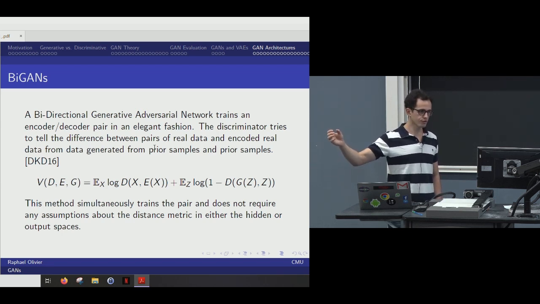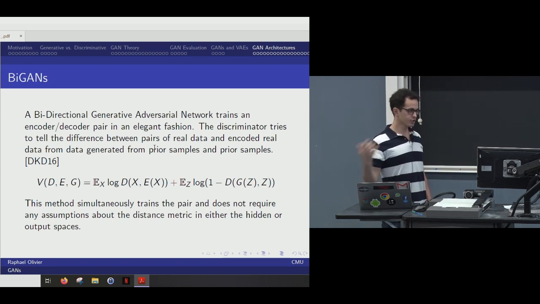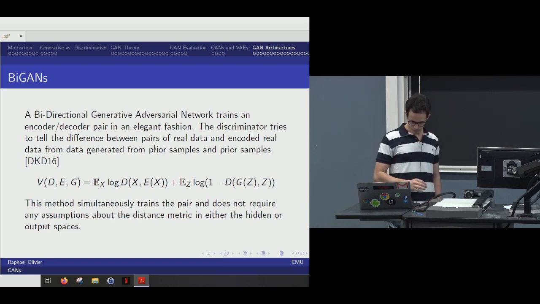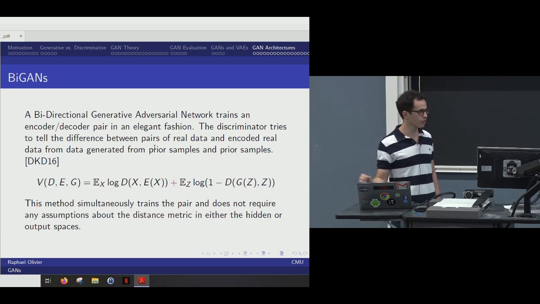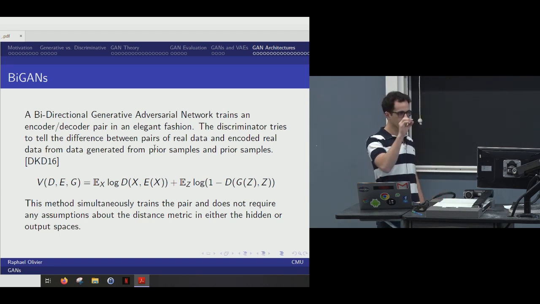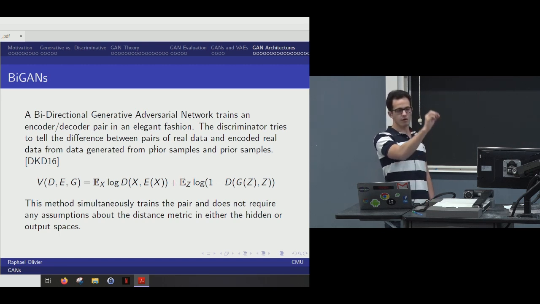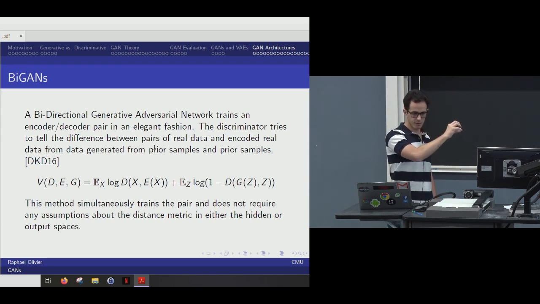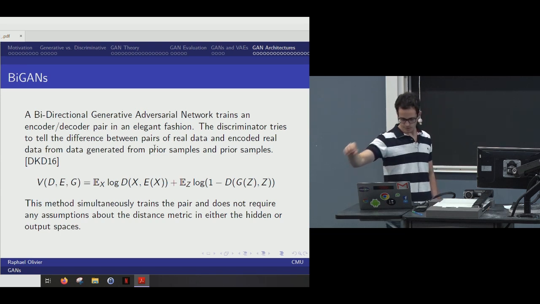You can apply the encoder to generated images or to real images, whichever. And the discriminator is going to try to distinguish real from fake, not only looking at the image, but also at the latent representation. So it's going to compare pairs of real images with their encoded representations, against fake images drawn from a Gaussian with the Gaussian sample.